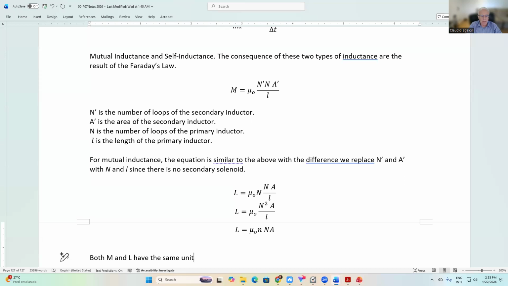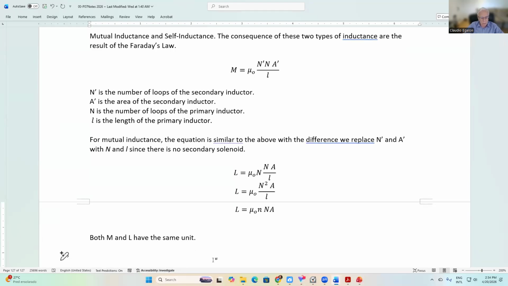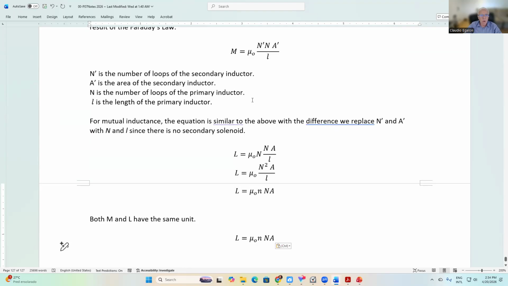What's going to be the unit? Let's take a look. You have mu naught here, you have mu naught there. You have N that has no units whatsoever, N squared here that has no units, and area. So they have exactly the same units. Both L and M have the same units.